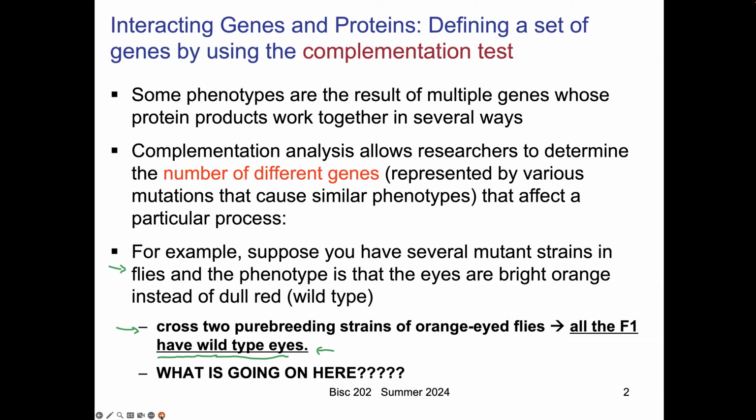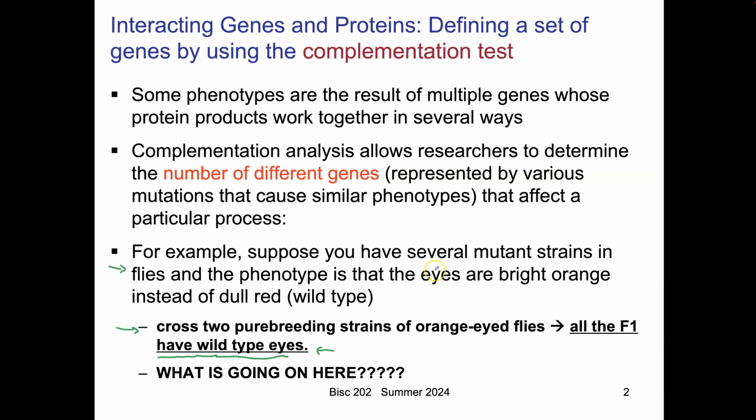Are they all affecting one gene? Is there really only one gene responsible for eye color in flies, or are there several different genes that all work together to produce that phenotype? If you're trying to understand a process, the place you begin is how many genes are contributing to that phenotype.